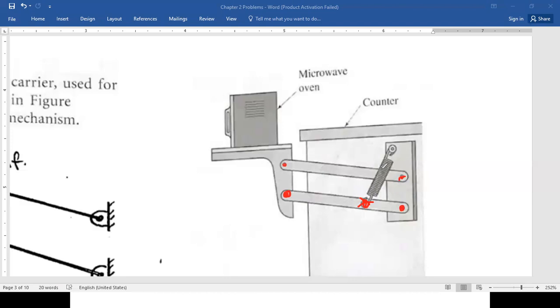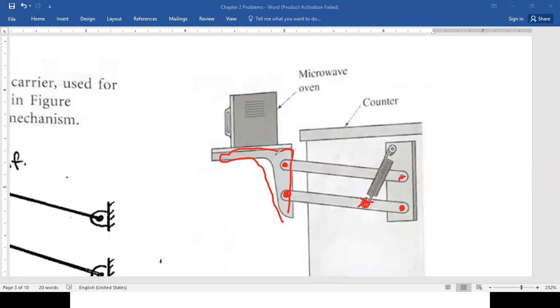This is a simple 4-bar system, so I can expect the degree of freedom will be 1. So this whole part together constitutes this binary link. Pay attention, the geometry does not matter for the order. This geometry may be close to a triangle, but it is not a third order link, because it's only connected to 2 other links of the mechanism, meaning it's a binary link.